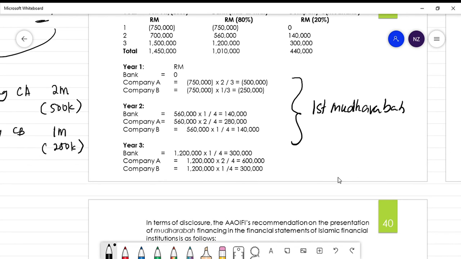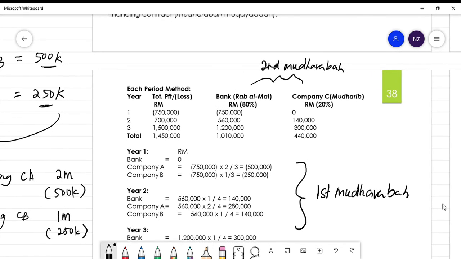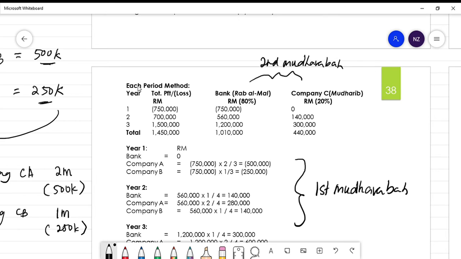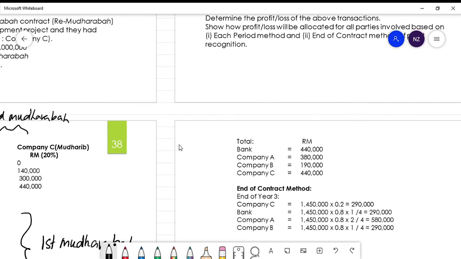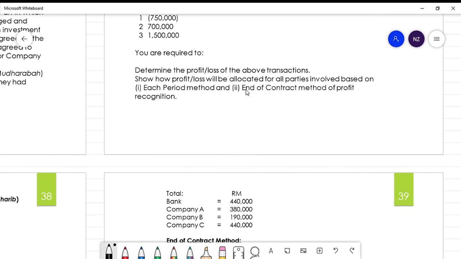Okay, now settle untuk kita nak record profit untuk each period method. Now kita kena record tadi dalam soalan, kita kena record at the end of contract method pula. Tadi kita dah record ni each period method setiap tahun, maksudnya tahun pertama, tahun kedua, tahun ketiga kita dah allocate dia orang punya profit.